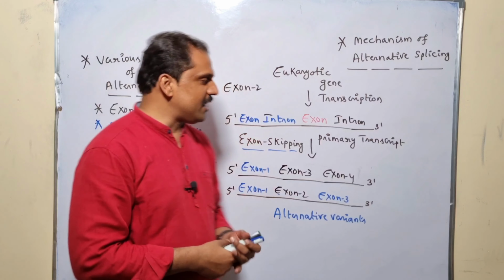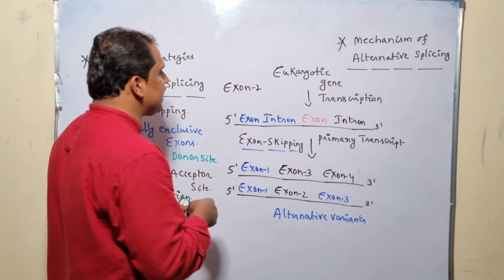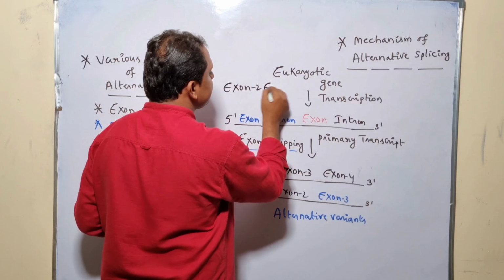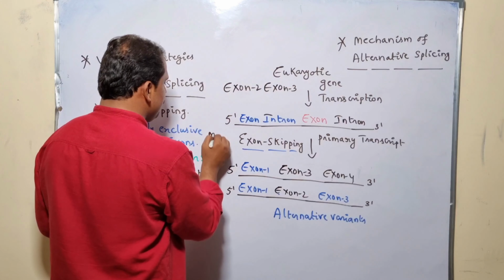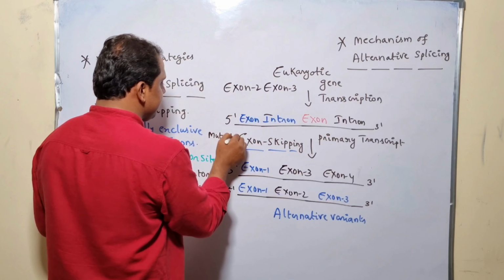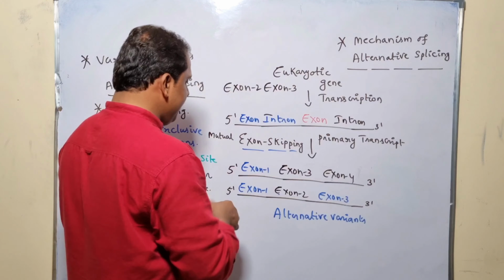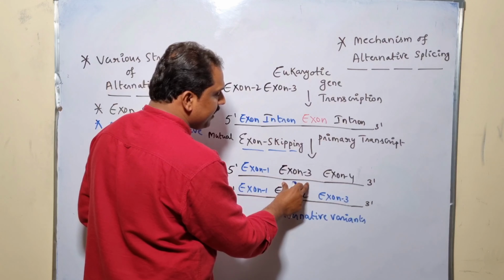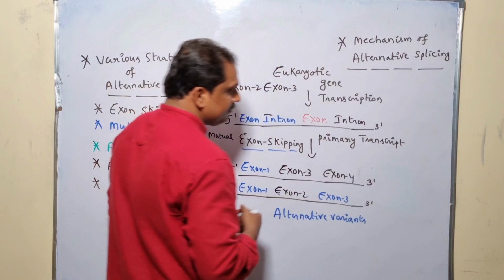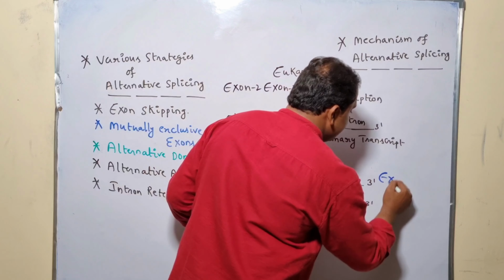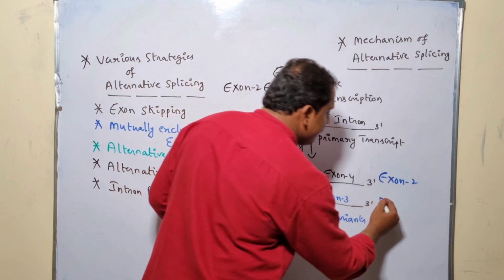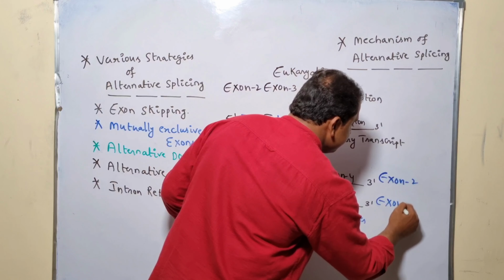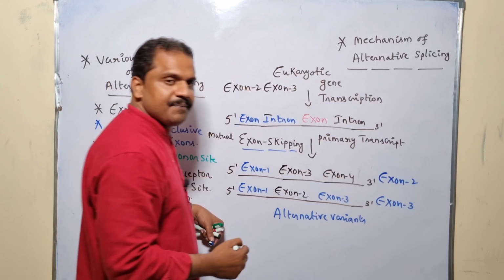Is it clear? So let me print it here. Let us consider two exons, exon 2 and exon 3. Mutual exon skipping. In one of the alternative variants, exon 2 is expressed, and in the other alternative variant, exon 3 is expressed. Is it clear?